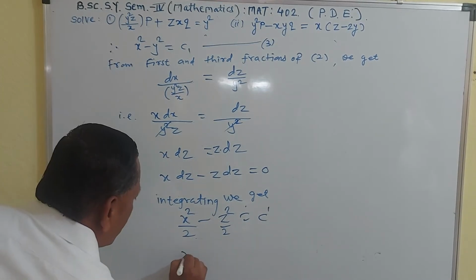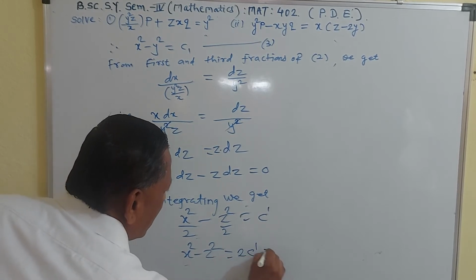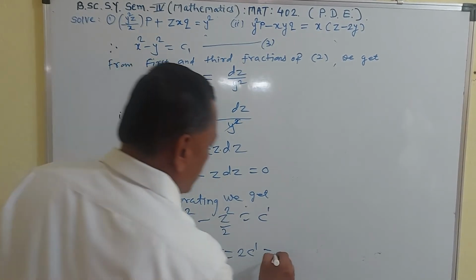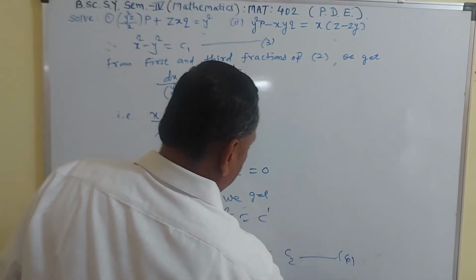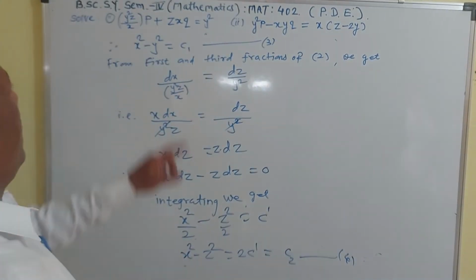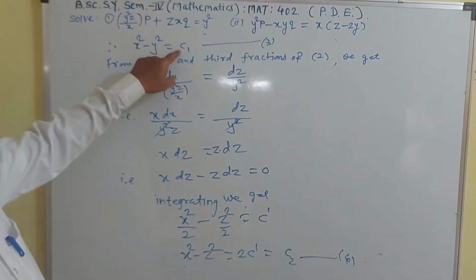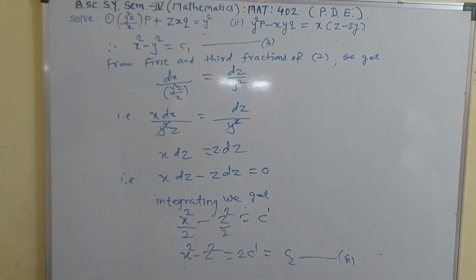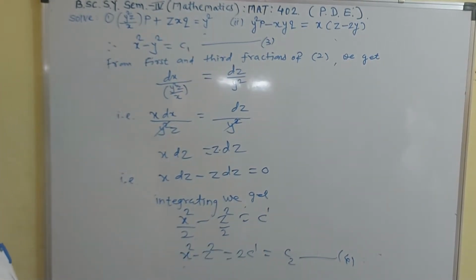That is x square minus z square is equal to 2c dash, and take 2c dash is equal to, suppose, c2. Number 4. So you have one part x square minus y square is equal to c1, and another part x square minus z square is equal to c2.